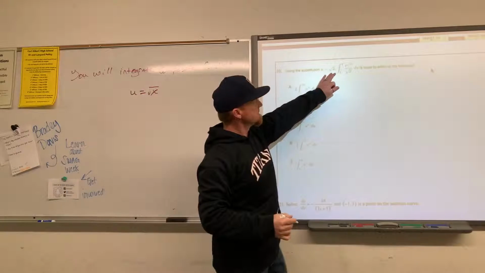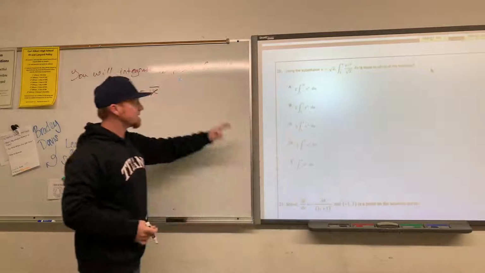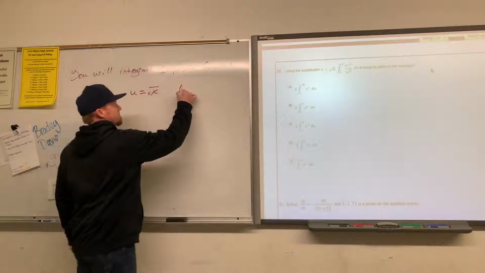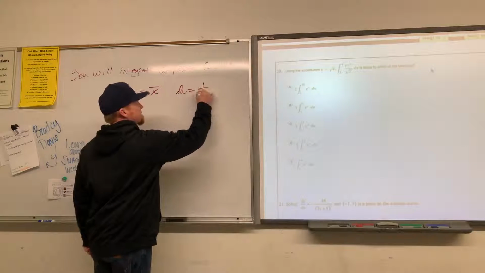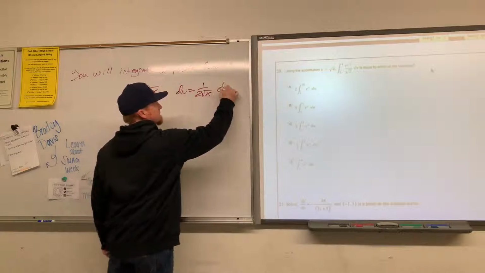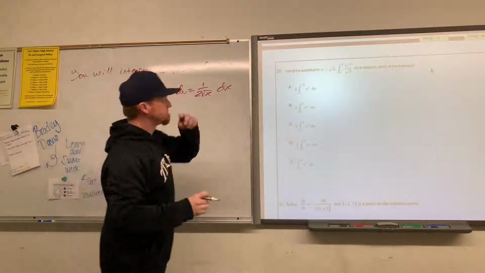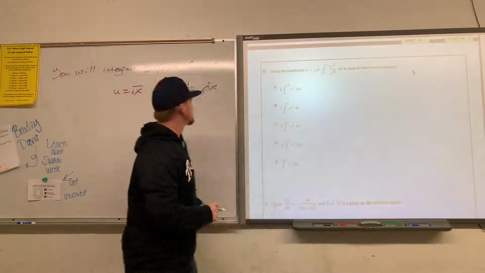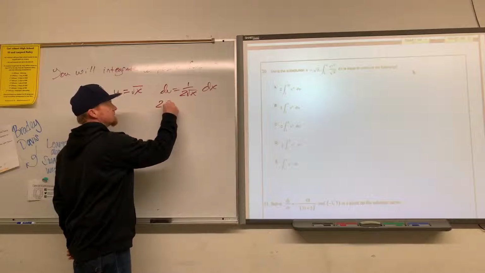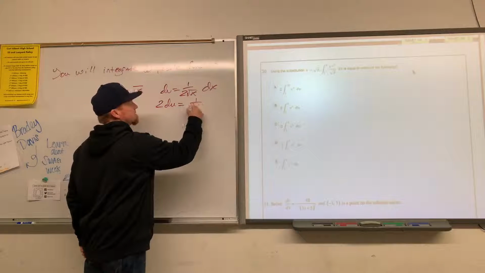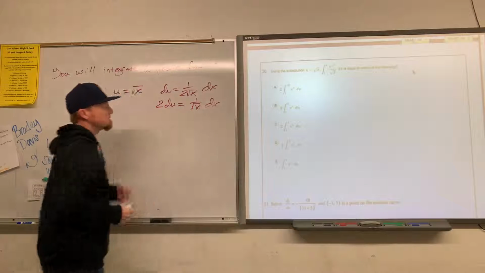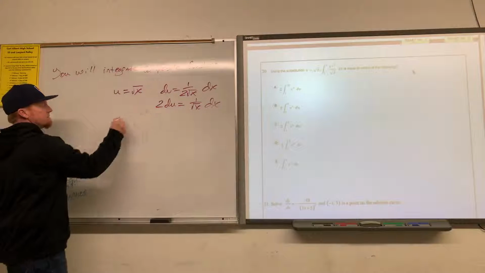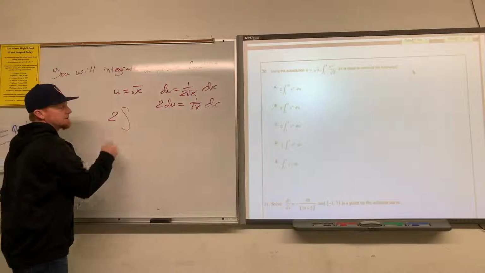Okay, this is equal to which one of these following? Okay, so we know du is going to be 1 over 2 times the square root of x dx. Okay, so if I look at this, I see that there's not a 2 on the bottom, so that means I need to move the 2 over. All right, so that means a 2 needs to be in front of my integral.